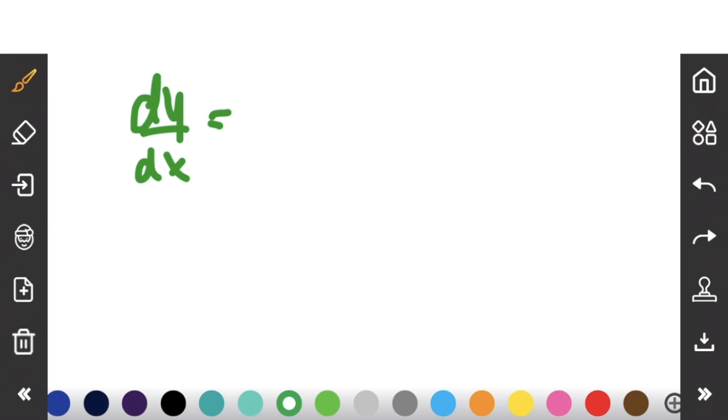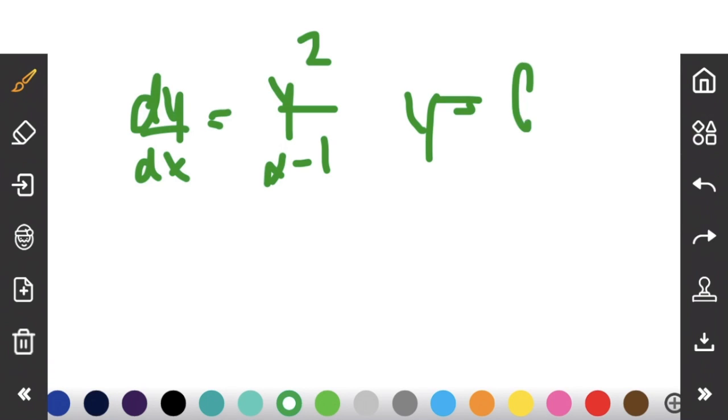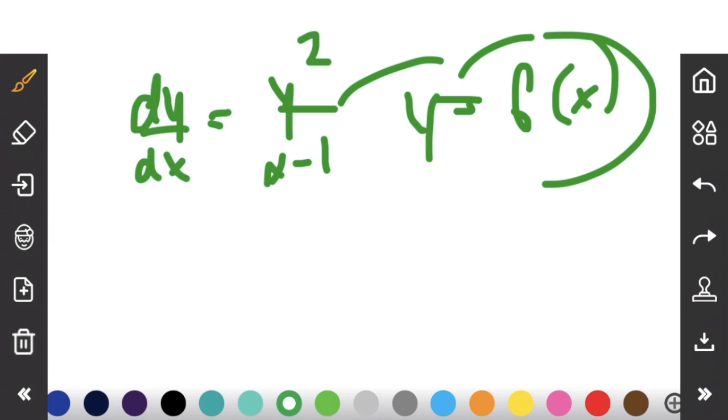And we said that this equation is equal to y squared over x minus 1. And in the question, they told us that y is equal to f of x, so we can just substitute f of x into y.